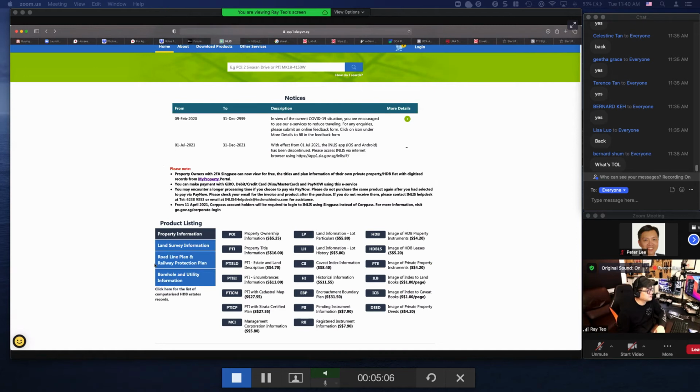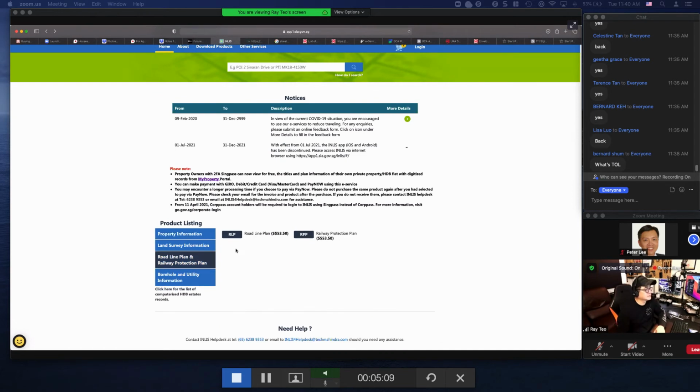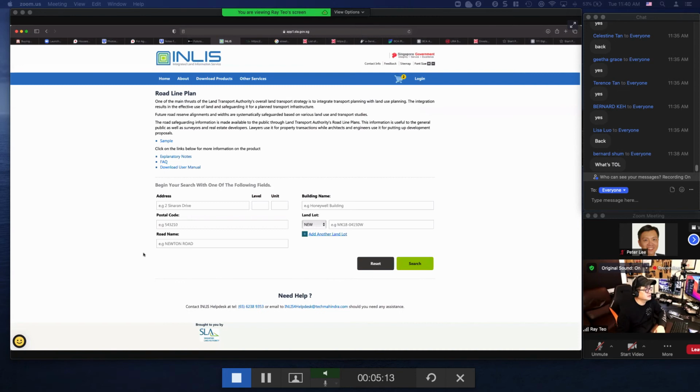Other things you check: the road line plan. Let's say again you search 8 Pohart Road. They will show you a sample, but the sample will not show you the road line.